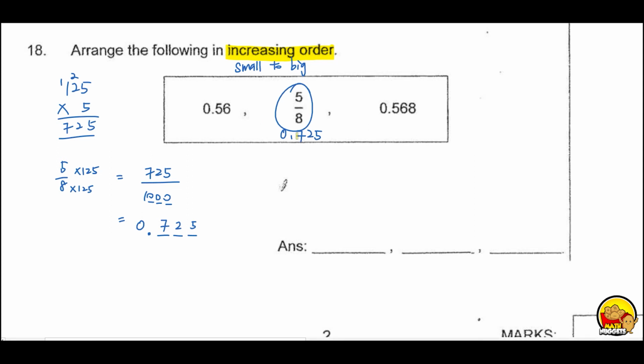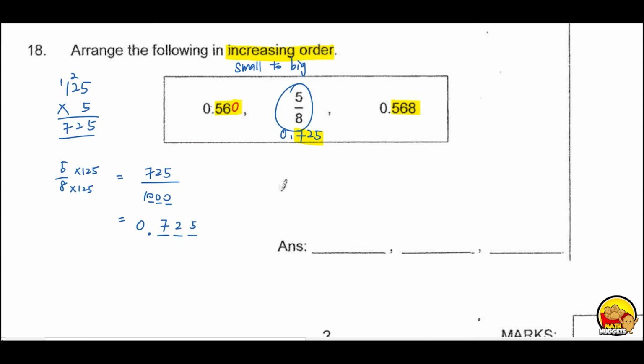Then you notice here, you have 3 decimal places for this, and 0.568 also has 3 decimal places. I am going to make 0.56 3 decimal places as well by adding a 0 behind. You need to change them to the same number of decimal places in order to compare more easily.